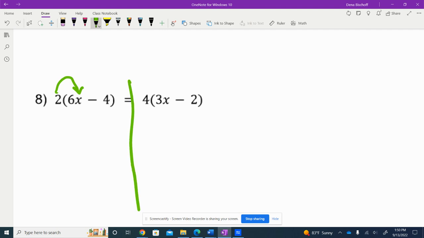Oh, draw my river. Got it. And that becomes 12x. Awesome. Keep going, sir.